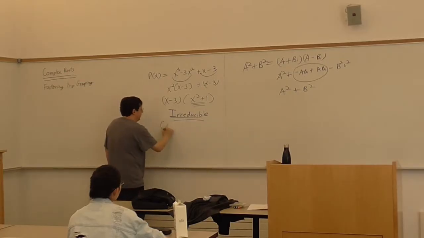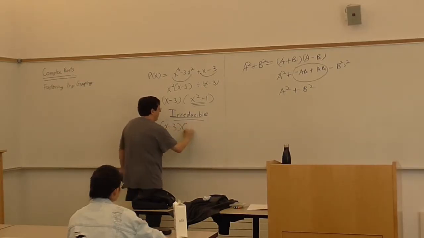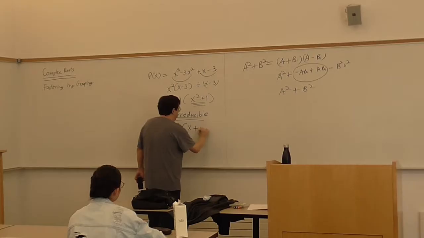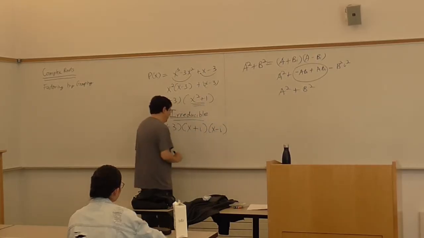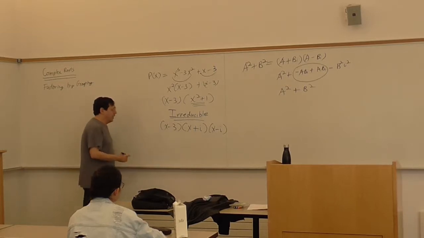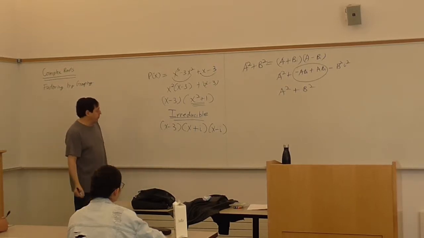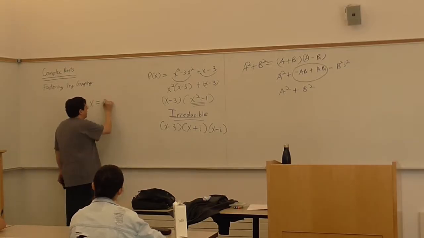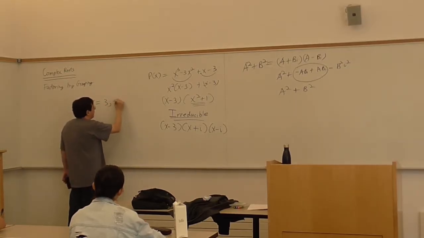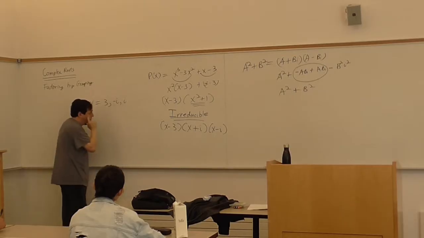So I can factor this as x plus i times x minus i. And that tells me that my roots are going to be 3, negative i, and i.